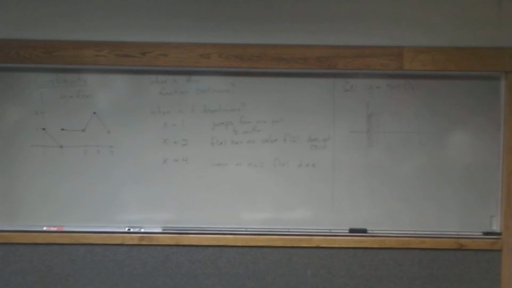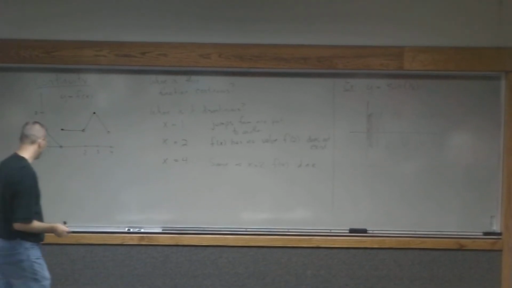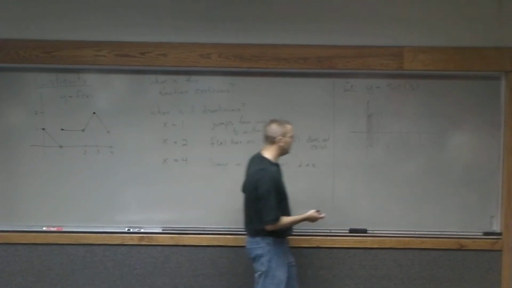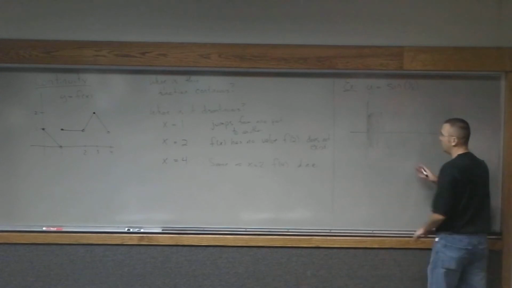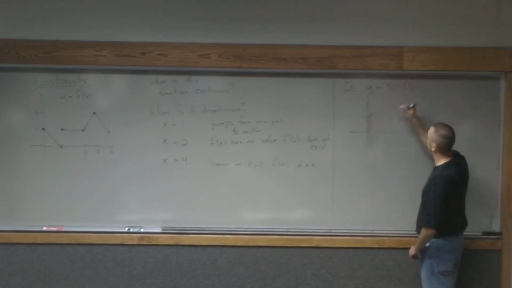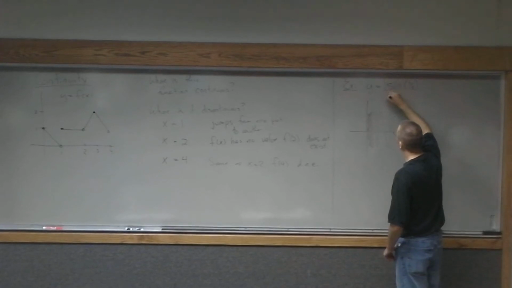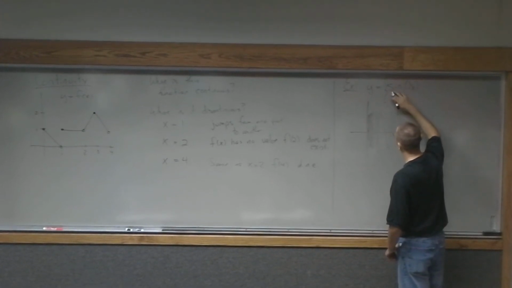Now, I drew this graph without picking up my pencil, so it's probably continuous, right? Well, it's not continuous as we get closer and closer to 0. And in fact, let me change this a little bit and actually define it to equal 0 at 0.